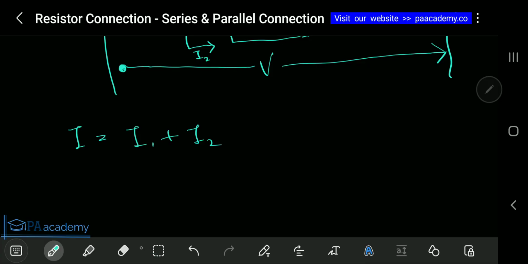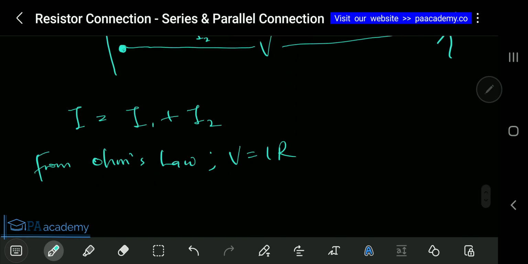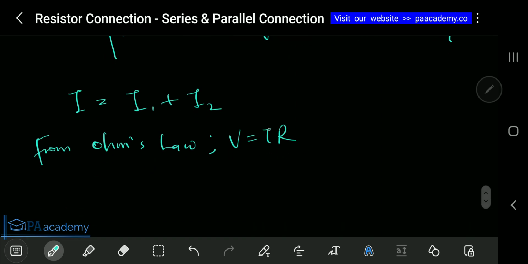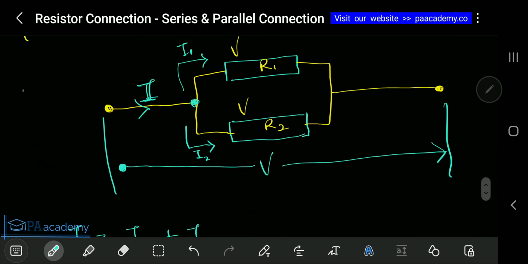However, from Ohm's law, we know that V is equal to IR. If we make I the subject of the formula, we have I equals V over R. We can now use this here.